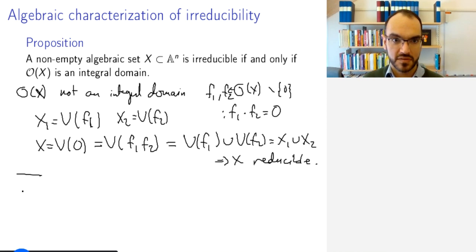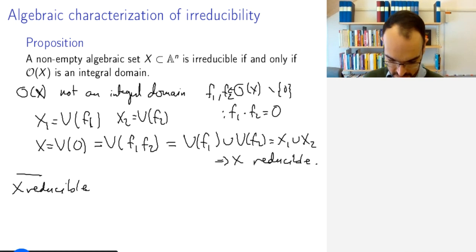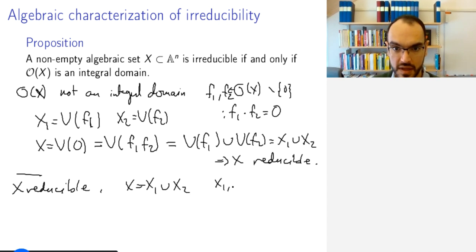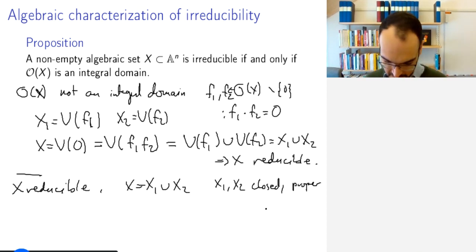This proves one direction, and conversely, if X is reducible, so then X is the union of such X1, X2 with X1, X2 closed proper subsets of X, then we know that because they are proper subsets, we have this bijection between algebraic subsets and ideals.